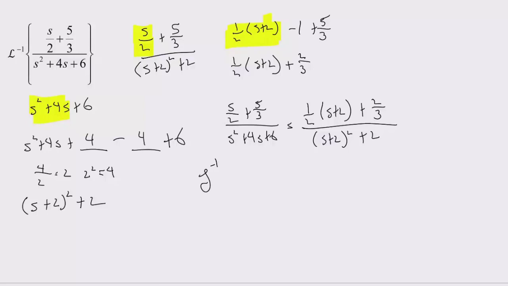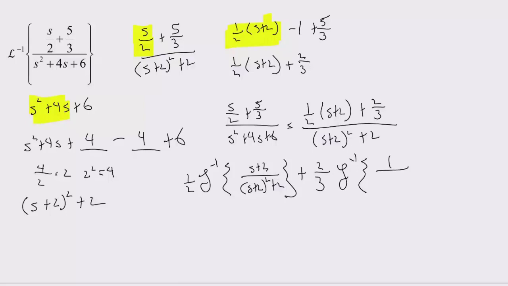So inverse Laplace, I'm going to bring the 1/2 out on the first part, and that's going to leave me with s plus 2 over s plus 2 squared plus 2, plus, I'm going to bring out a 2/3, and that's going to leave me with 1 over s plus 2 squared plus 2.